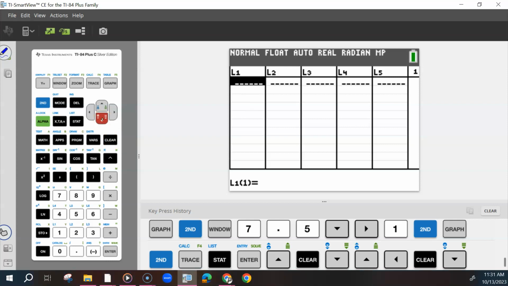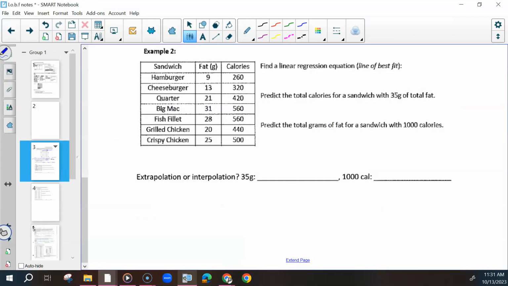Okay. Start to put in the data. Would the amount of fat determine the amount of calories, or would the amount of calories determine the amount of fat? Which one would depend on the other? Calories depend on fat, so the calories is going to be your y, the fat is going to be your x. So that's going to be L1, this is going to be L2.